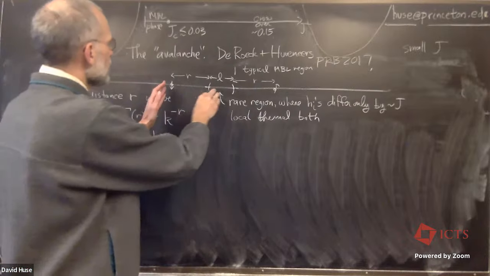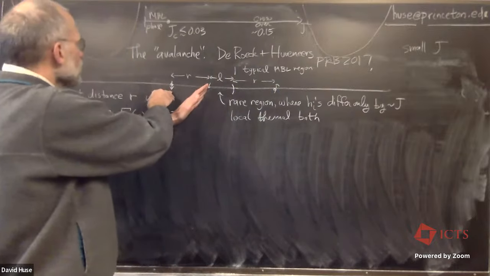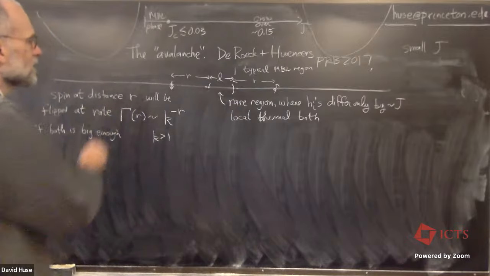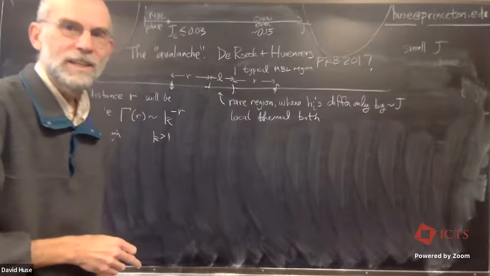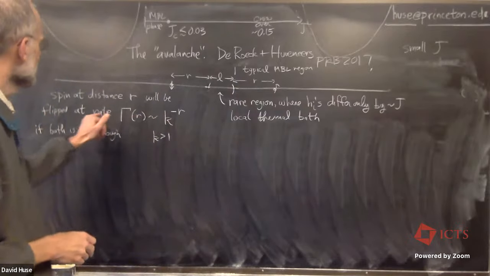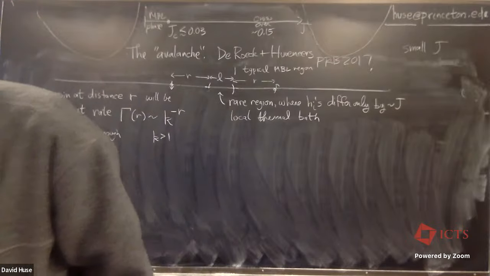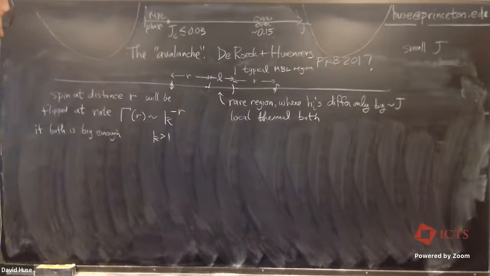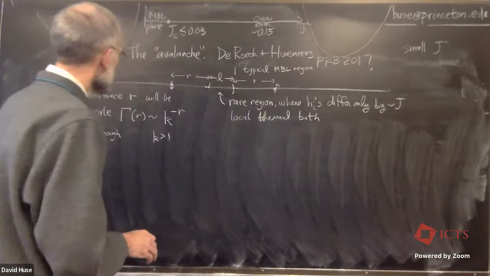If this bath is big enough, this avalanche will go here and it'll relax this spin at this rate. If the bath is too small, the avalanche might stop before it gets to the spin, and then the spin doesn't relax. So that's the scenario, and avalanches are going in both directions.